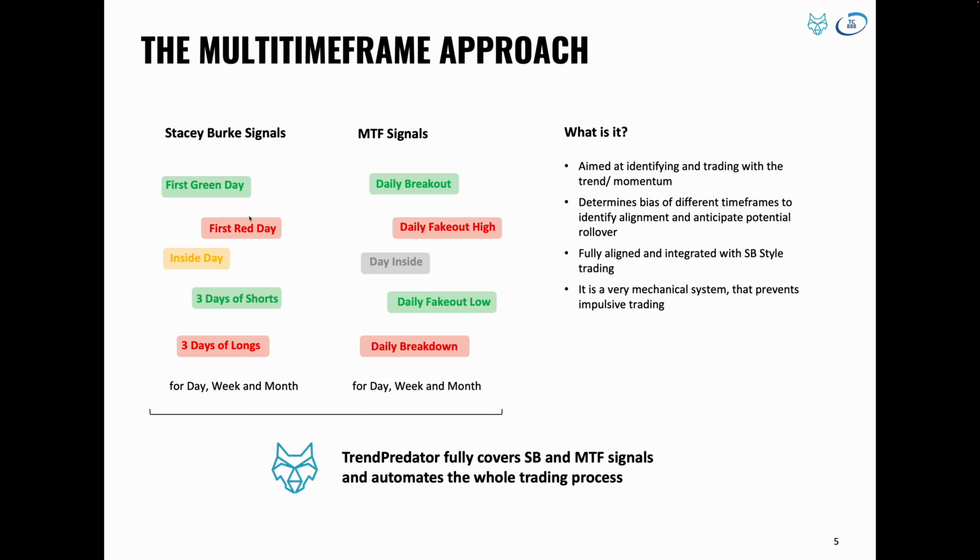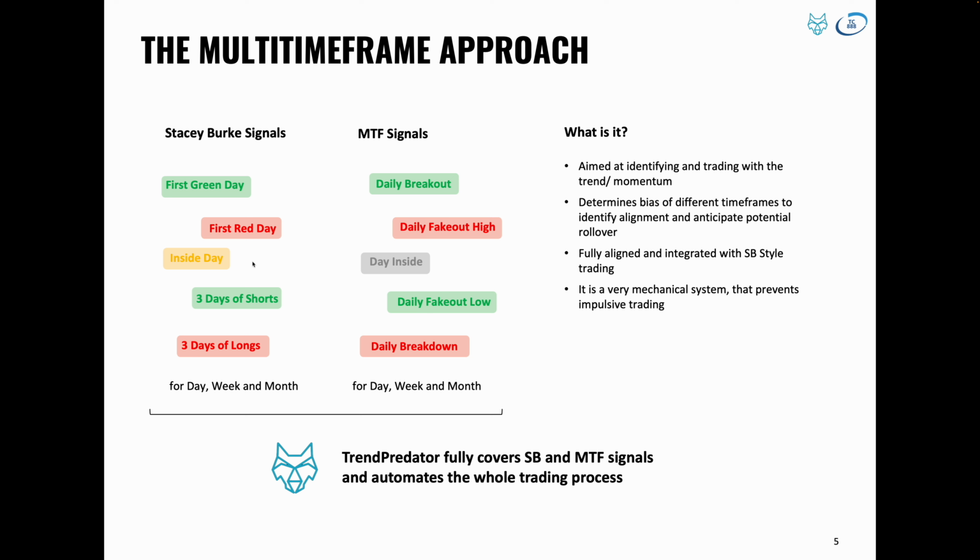You always look at first red day, extended markets, and you try to catch the reversals. Sometimes you do this in a counter-trend situation, and then it just is a first red day or first green day trap, and it does another leg up, and you get stopped out again.